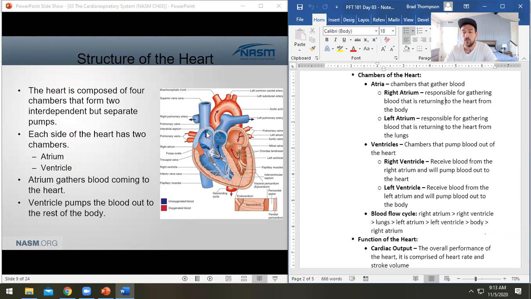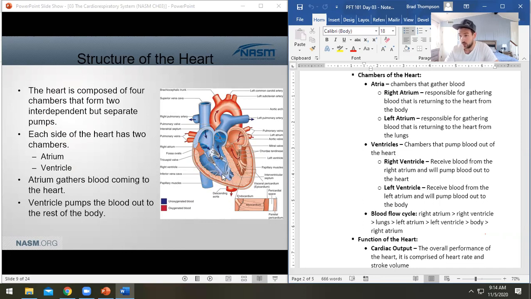Once it's collected in this atrium, it's got to travel down to a ventricle. Ventricles are chambers that pump blood out of the heart. So that blood cell drops into my right ventricle over here.